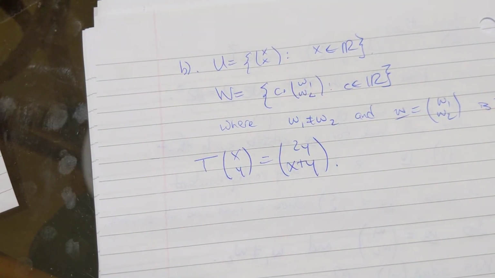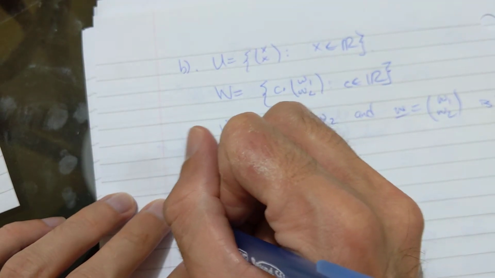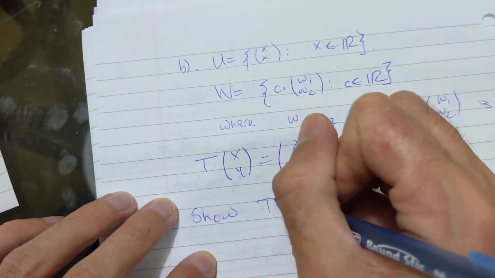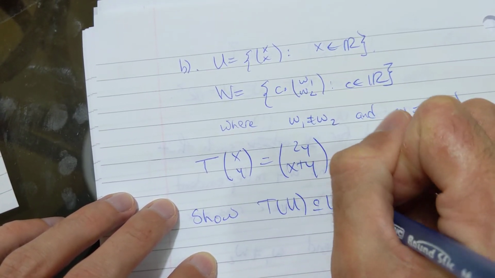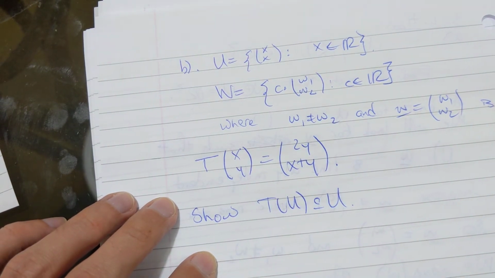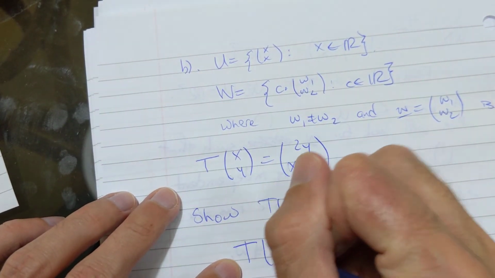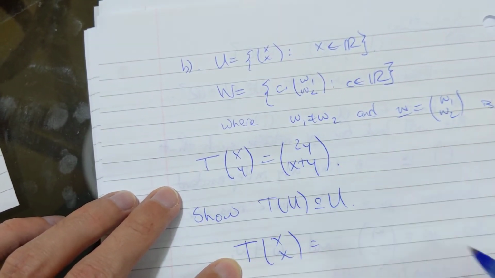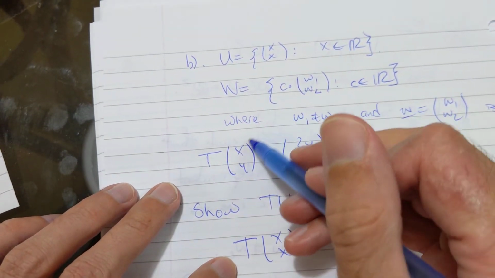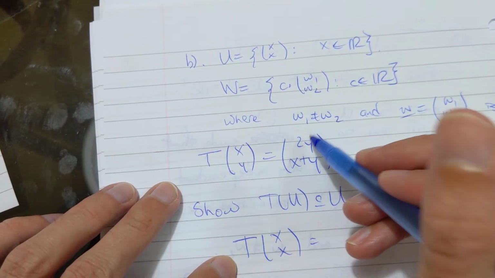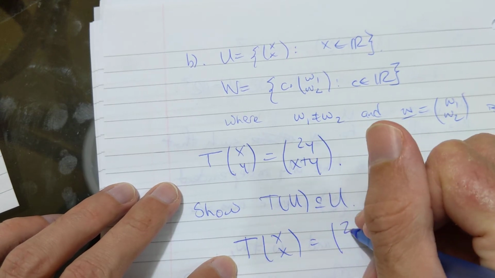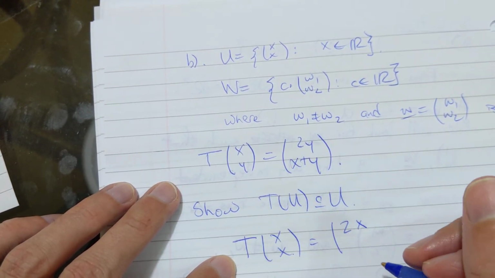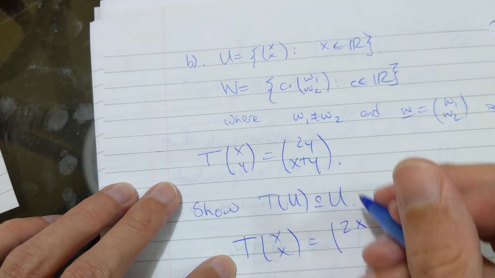Okay, so let's show T of U is a subset of U. Well, T of (x, x): the definition of T of (x, y) says 2 times the second coordinate in the first coordinate. So the second coordinate is x, and then add the 2 coordinates for the second coordinate.